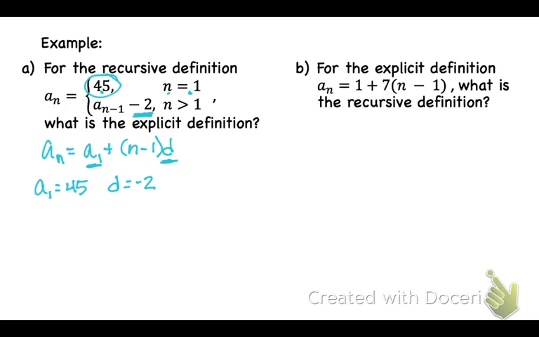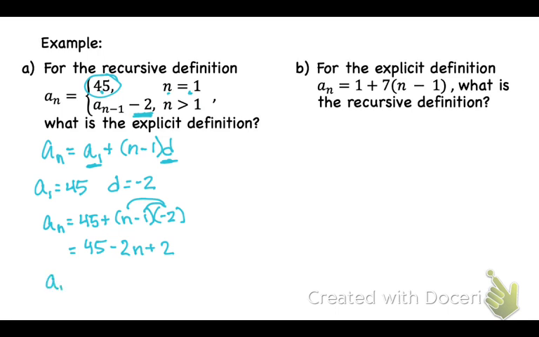Okay, so now I just plug it in here, correct? So a sub n equals, a sub 1 is 45 plus n minus 1. And what's your common difference? -2. Distribute your -2 and combine like terms. So 45 minus 2n plus 2.